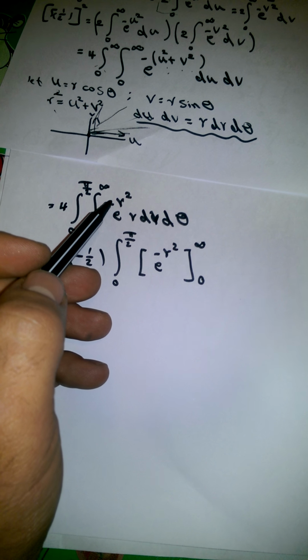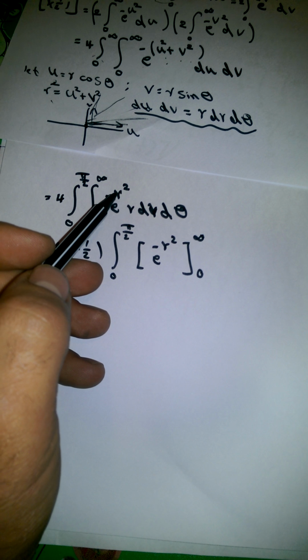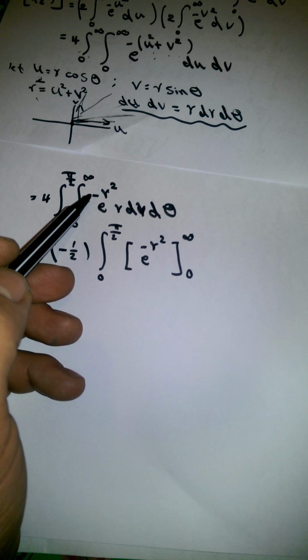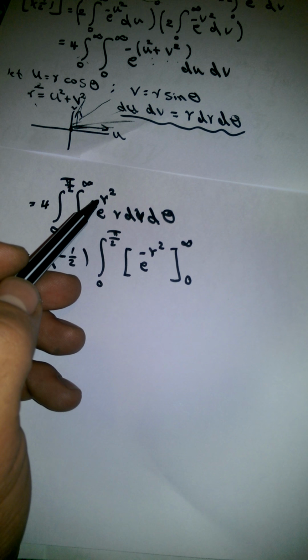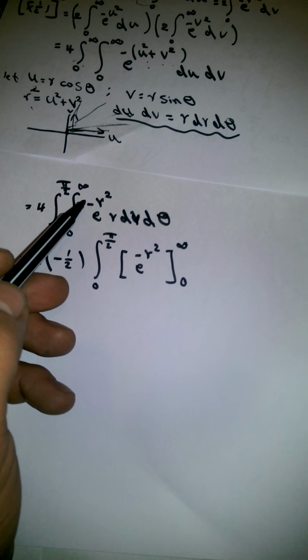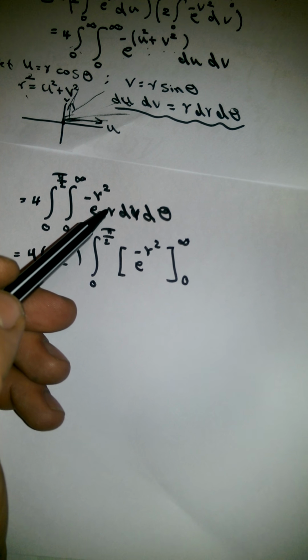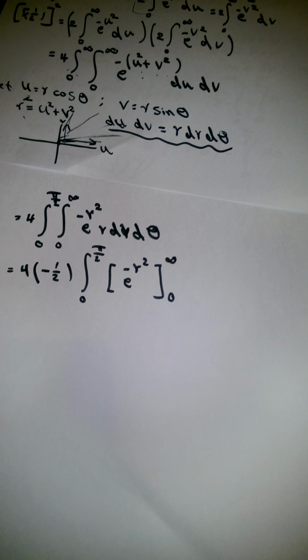It is minus r square, and the derivative of minus r square is minus 2r, and we have only r here.